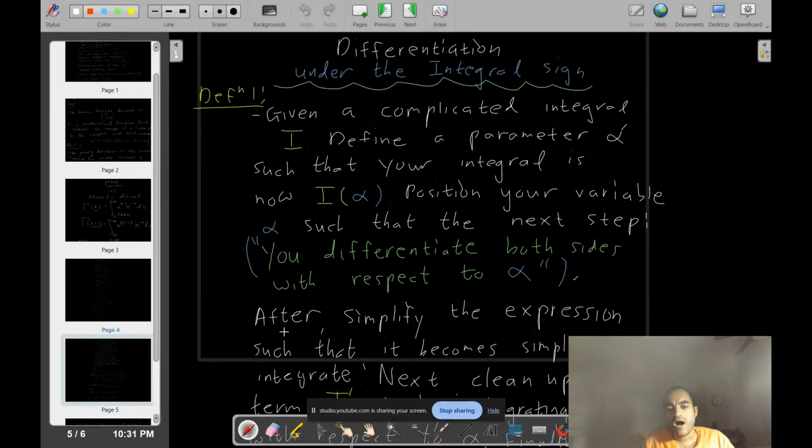So, I as a function of alpha, then position your alpha in your integral such that in the next step you are able to differentiate both sides with respect to the parameter alpha.